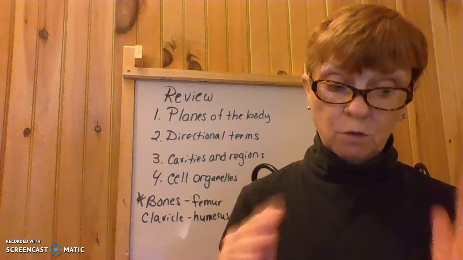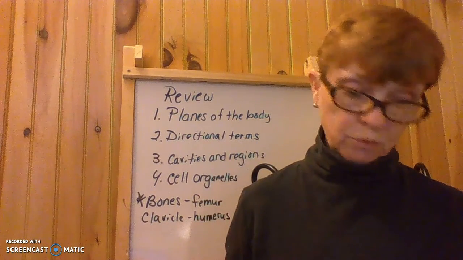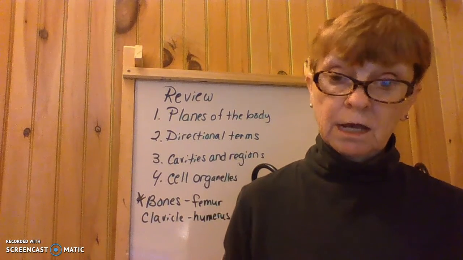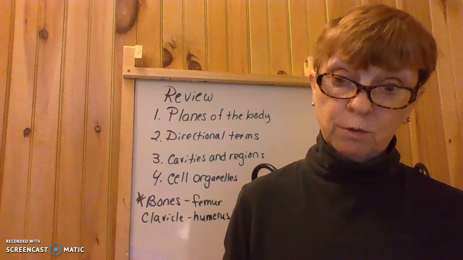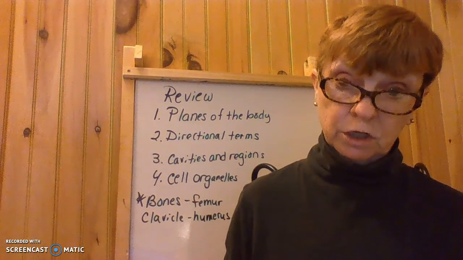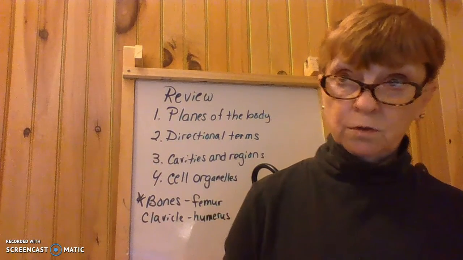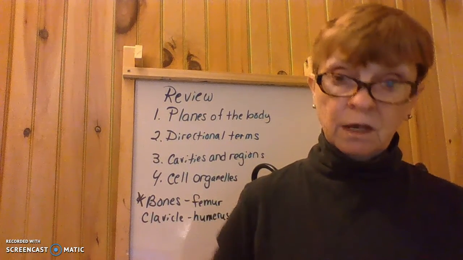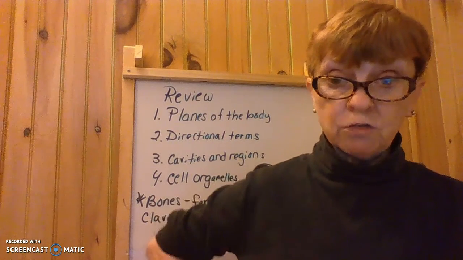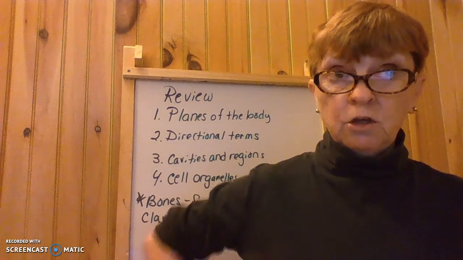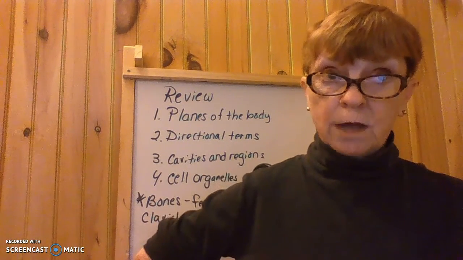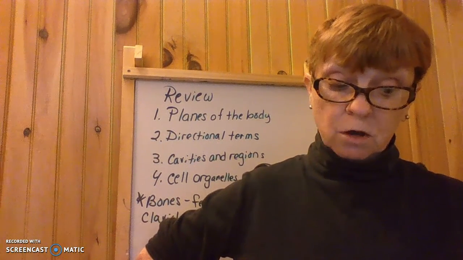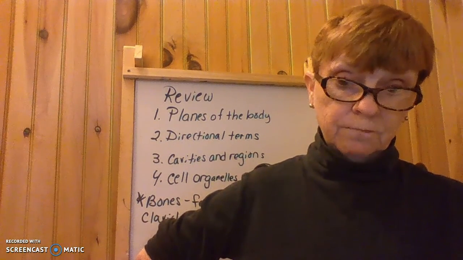Even though we are in that right upper quadrant, we have the right hypochondriac region, and in the left quadrant we would have the left hypochondriac region. Below that, where the umbilicus or belly button is, would be the umbilical region. And where your hips are, if you put your hands right on your hips, your right hand is on your right iliac region, and your left hand is on your left iliac region.